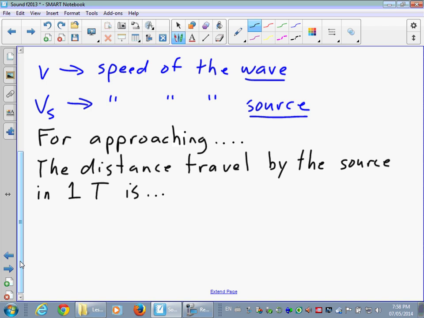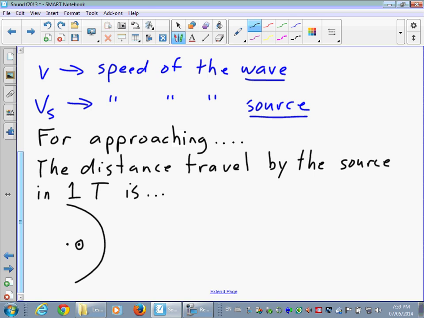So here's our object. It emits a wave. A little while later, we'll say here's our object at the center of that circle. A little while later, the object is here, and it's just starting, we'll say, to emit another wave.